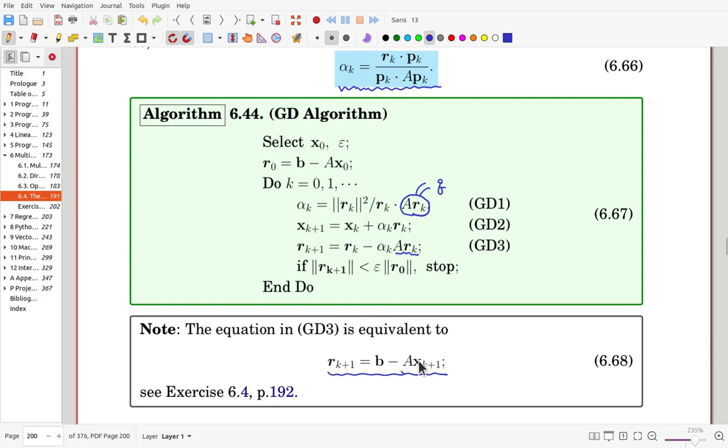You can prove it quite easily, and I leave this problem for you, so you can figure it out yourself. The purpose of using this formula is to save computation.